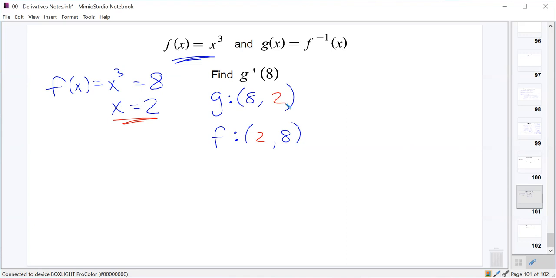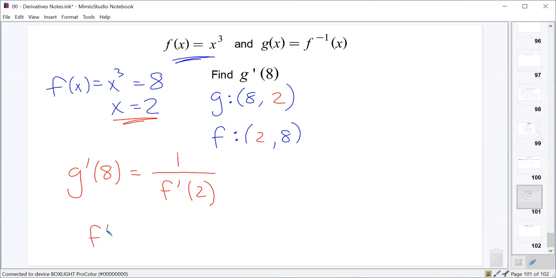And if I'm looking for g prime of 8, according to the inverse rule for derivatives, it ought to be 1 over f prime at 2. Right? We just use the opposite value from that point. So g prime of 8 is 1 over f prime of 2.